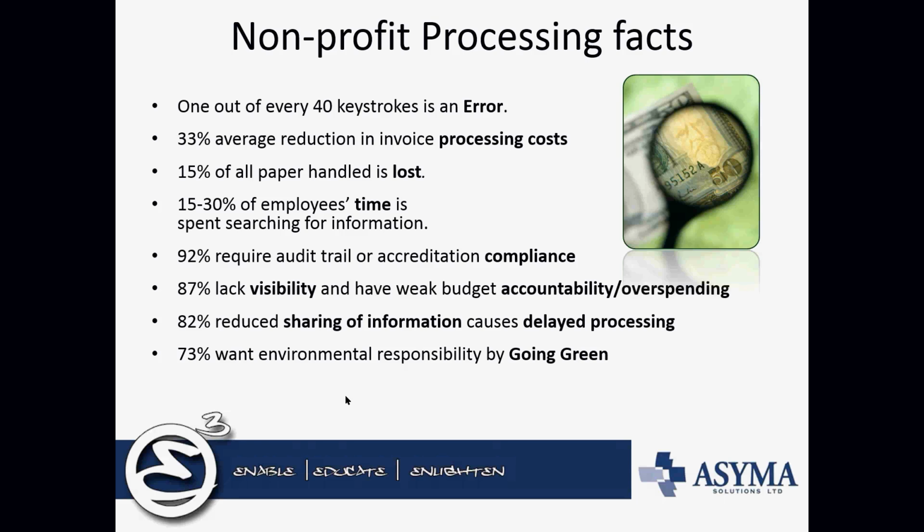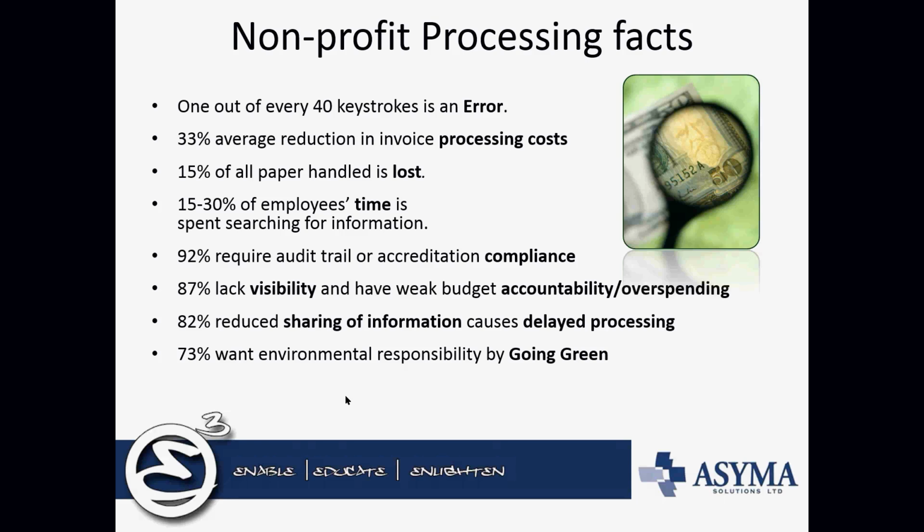Then 15 to 30% of all employees' time is spent searching for information. If we can make it so that you can get access to the information when you need it, wherever you are, this certainly can help reduce the employees' time. And just think about the effect that this would have on your nonprofit organization if you had the availability of that time with all your employees.